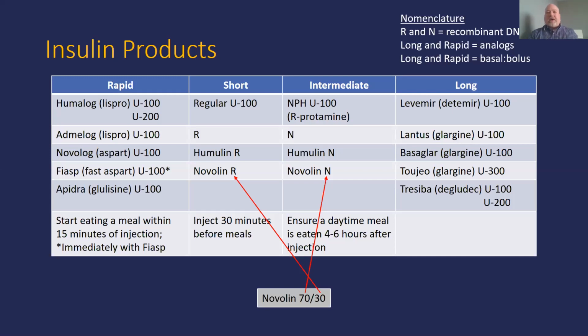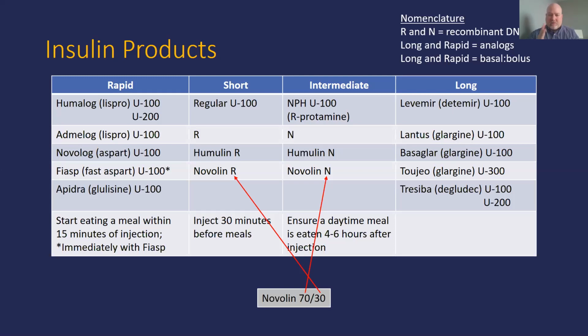The whole point of a split mixed insulin product is convenience. If you have NPH and regular in combo in the same vial, the patient only has to buy that one vial of insulin. You do have to hope that they respond well to a 70-30 ratio balance of the products, and they usually don't.